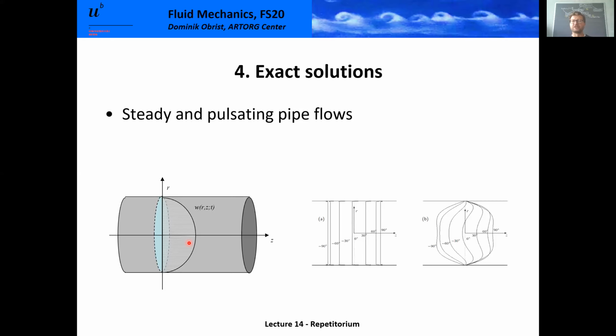And that will not have a parabolic profile anymore. It will have profiles like the ones shown here. And this was the Womersley flow solution. A very important exact solution for biomedical engineering, because this is what occurs mostly inside the human body.